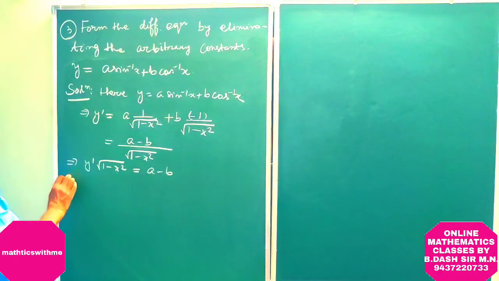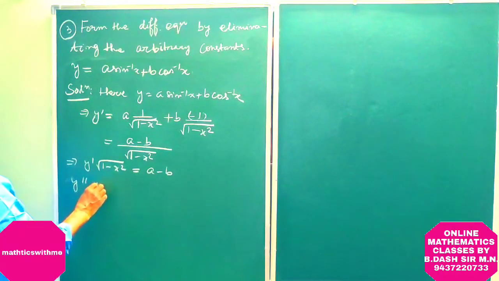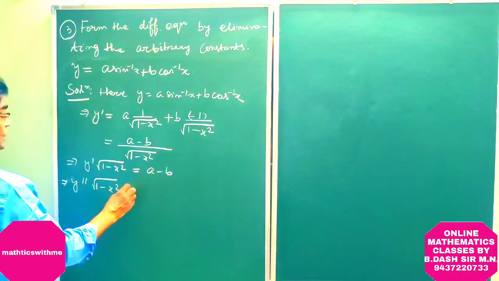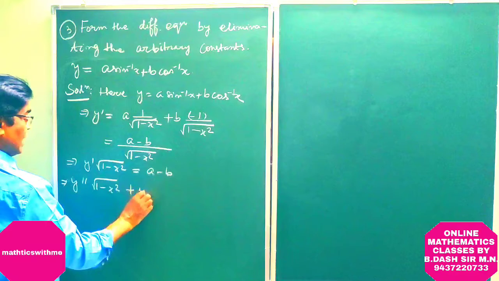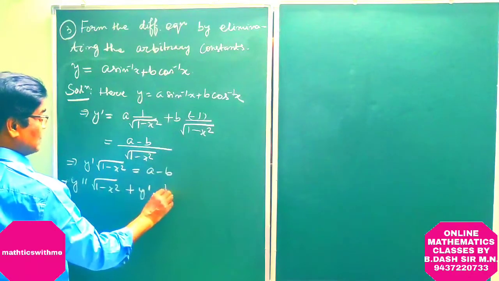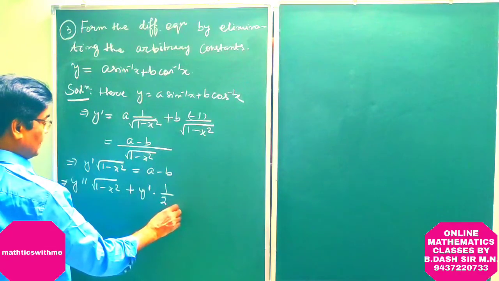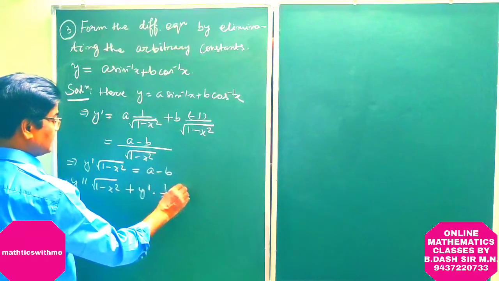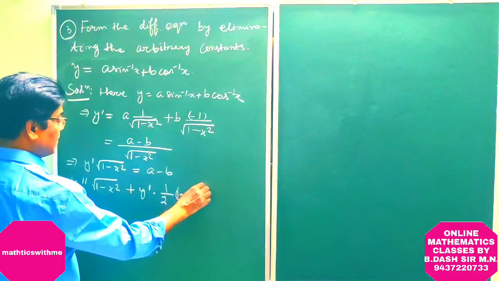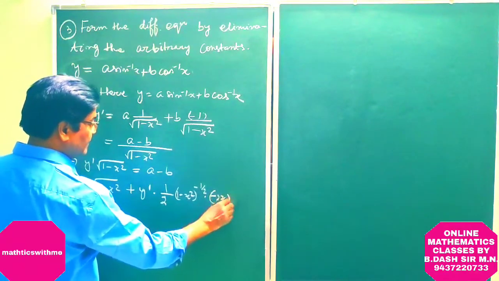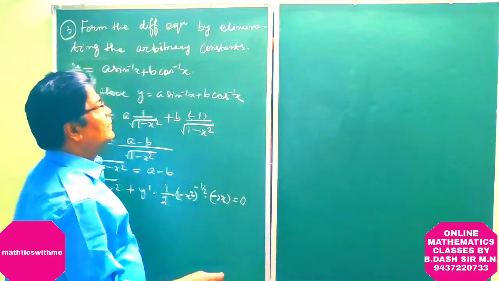Again differentiating, we get y double dash into square root of 1 minus x square plus y dash into 1 by 2 into 1 minus x square to the power minus half into minus 2x is equal to 0.